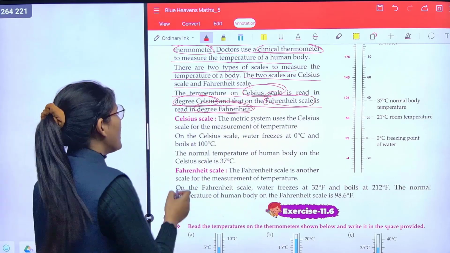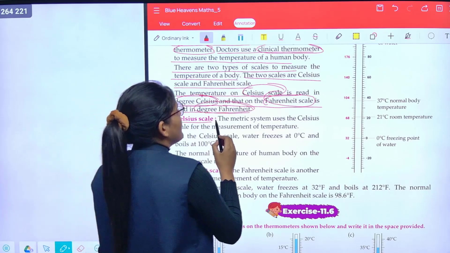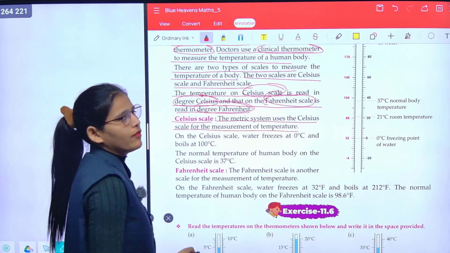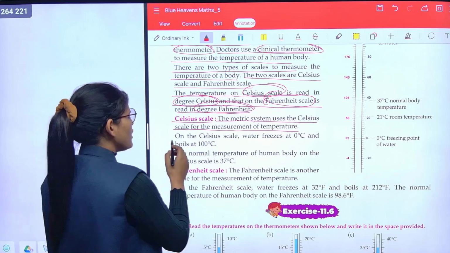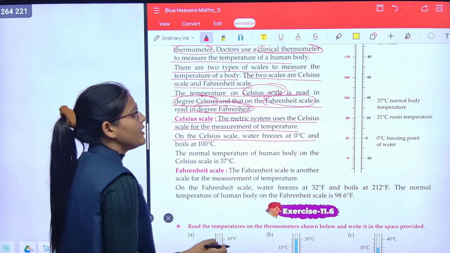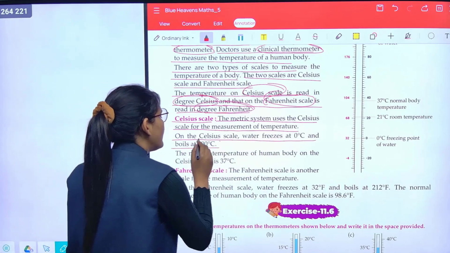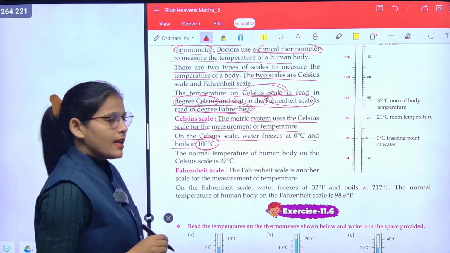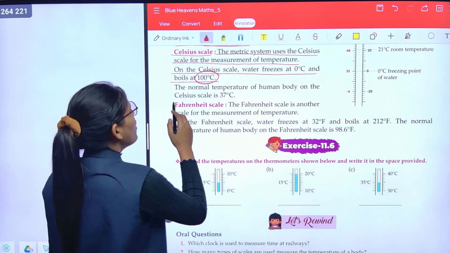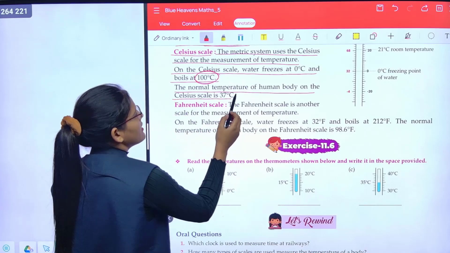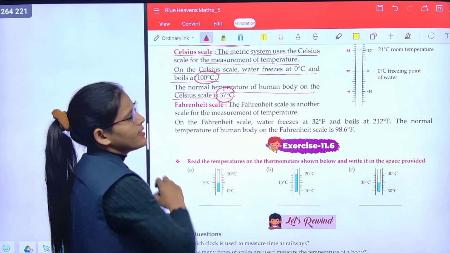Okay class, now the Celsius scale. The metric system uses the Celsius scale for the measurement of temperature. On the Celsius scale, water freezes at 0 degree Celsius and boils at 100 degree Celsius. The normal temperature of a human body on the Celsius scale is 37 degree Celsius.